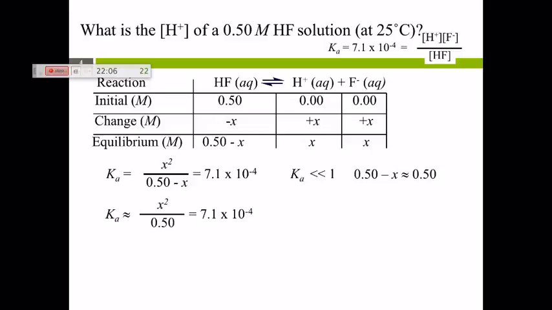We are ignoring that minus x for now. What is this x that we're solving for? Chase, what is the x? X is solving for, like, how much the product is actually turning into. Okay, so it's the change in concentration.